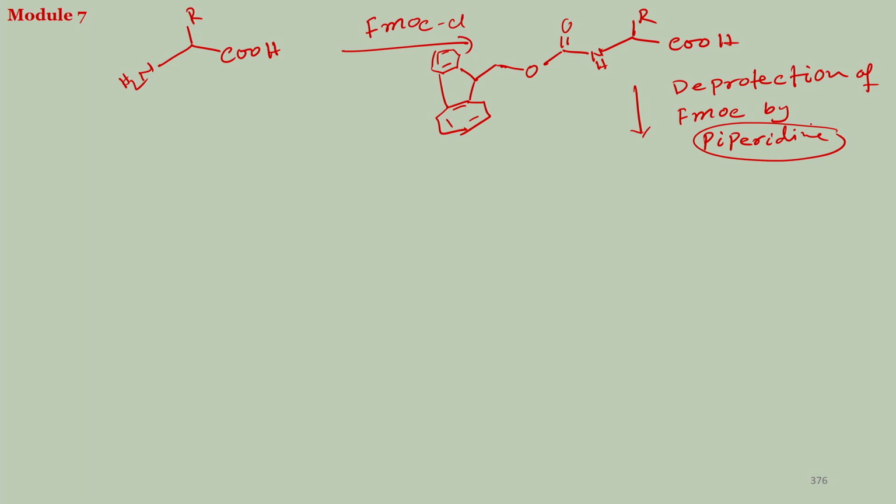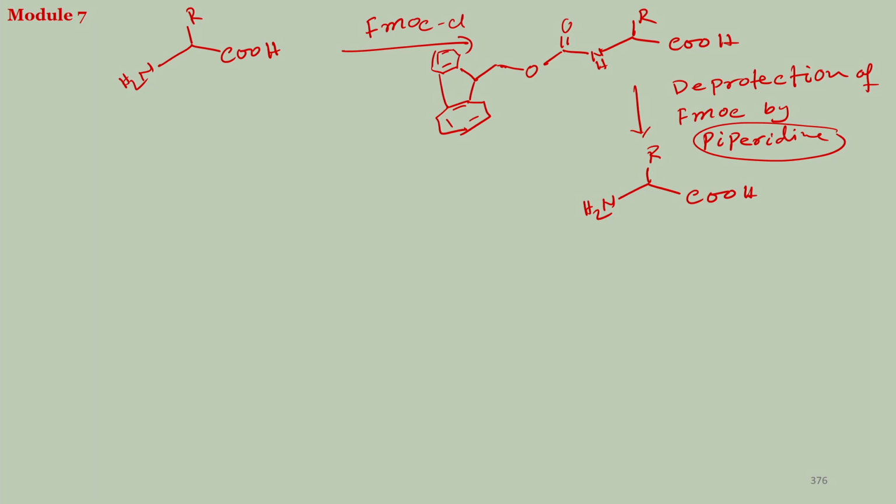Piperidine is a mild base, it is a Lewis base actually. In the presence of the base, it can be deprotonated to give you the free amine. So, deprotection of Fmoc occurs under basic condition.